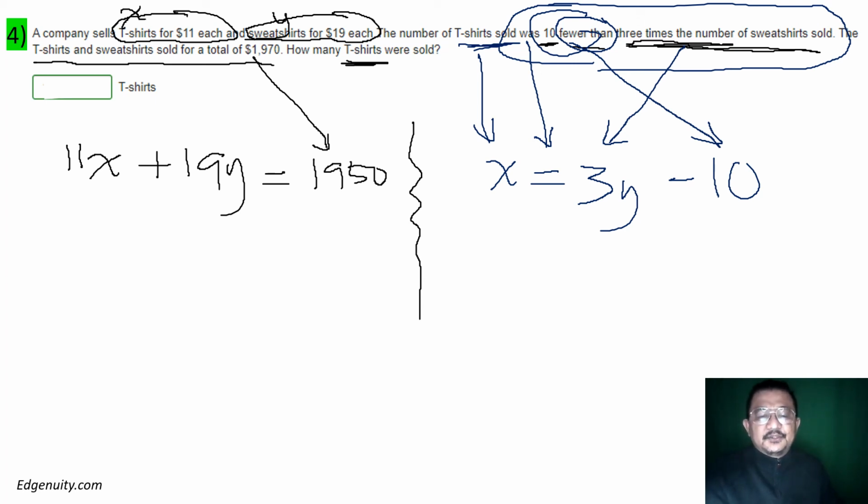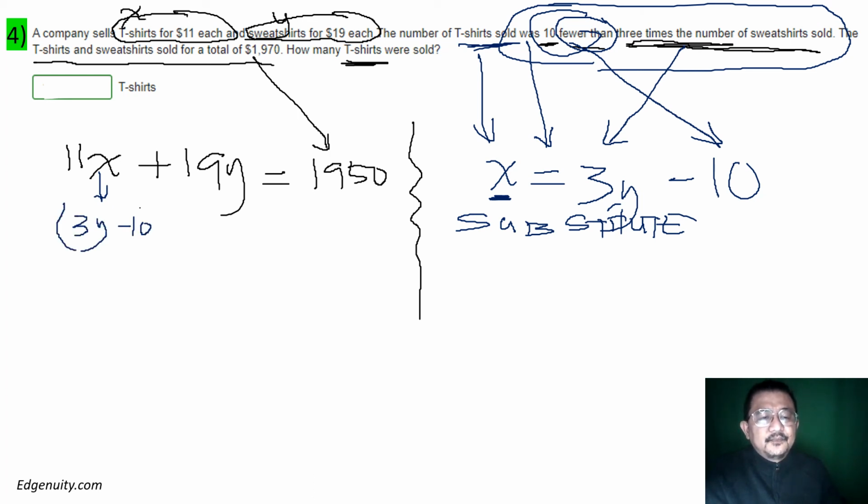Now, in order to solve this, look at this. X is already alone. That means I can use the substitution method. So, instead of writing X, I will write 3Y minus 10. See that? Let me copy now the rest. 11 times 3Y plus 19Y equals 1970.